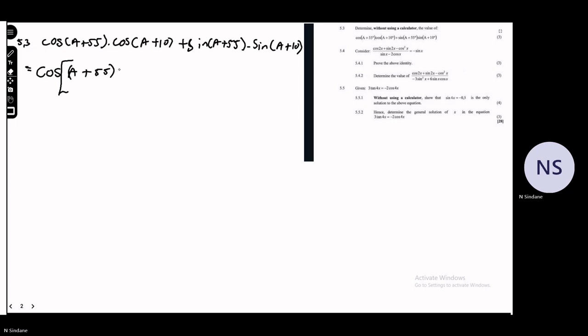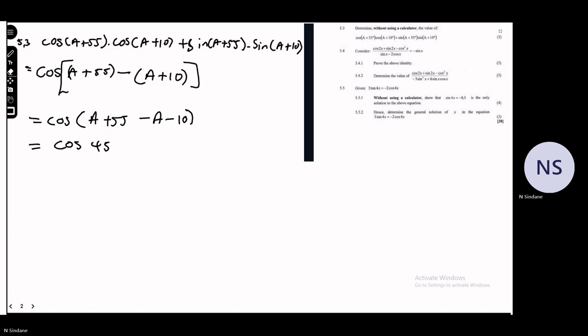Remember, when you're doing cos the compound angles, this will be minus what? Minus sine, oh no, not minus sine, minus A plus 10, right? Then this will be cos of A plus 55 minus A minus 10. Then this will be cos of 45, right? This is a special angle.